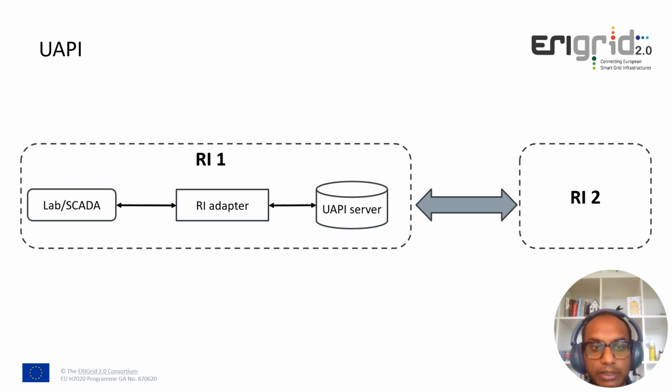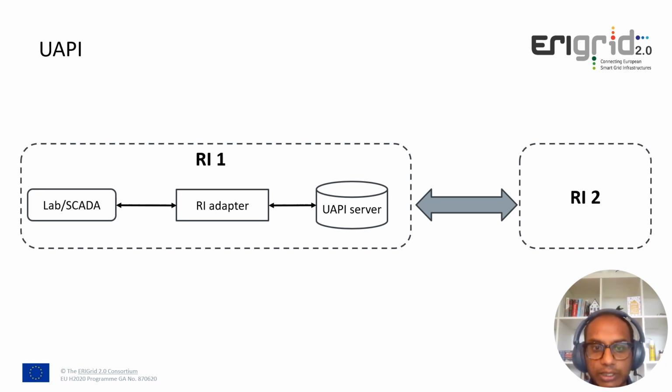The idea behind this is that this needs to be developed only once, such that in the future, if your lab needs to be interconnected or take part in a joint experiment, the UAPI can take care of all the abstraction, and you can use different transport tools for different applications with RI2.